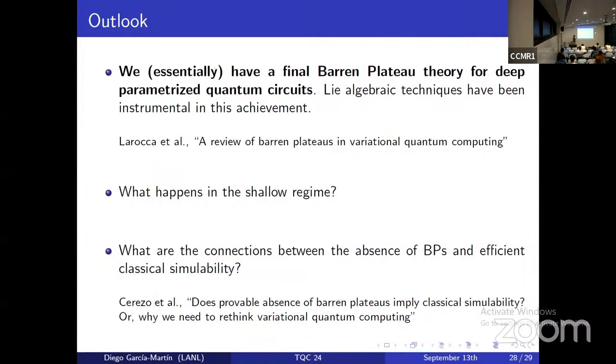So this is an open question, but we argue here that this is the case, at least for many known architectures and applications so far.